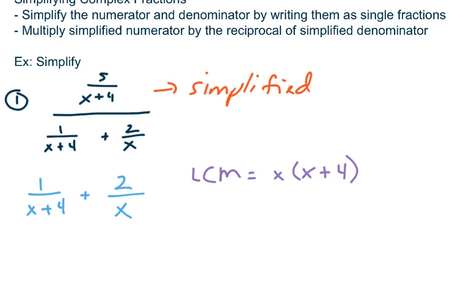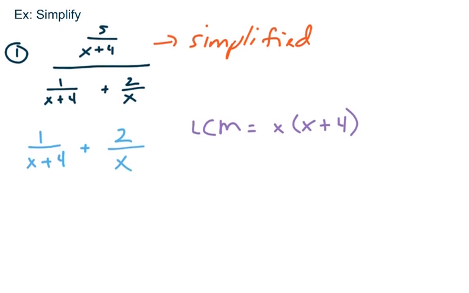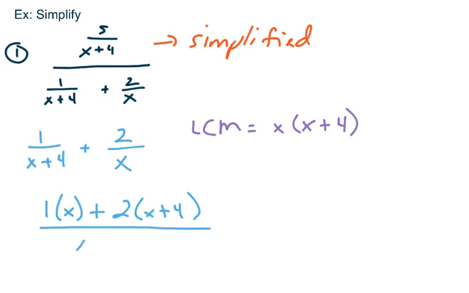If you remember from the first video, to figure out what the numerator is going to be, we need to take the numerator that we choose times the opposite denominator, or what wasn't circled. But we don't have anything circled here because there are no common factors. So we're going to turn this into 1 times x plus 2 times x plus 4, because those are the opposite denominators or opposite factors, over x times x plus 4.